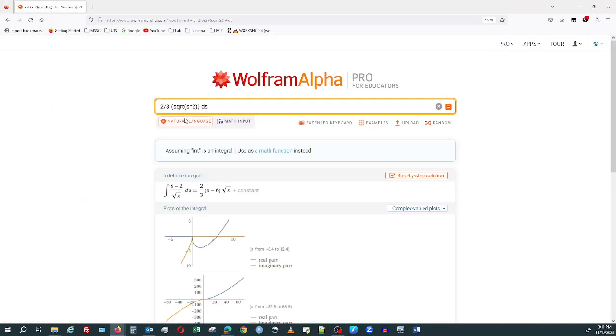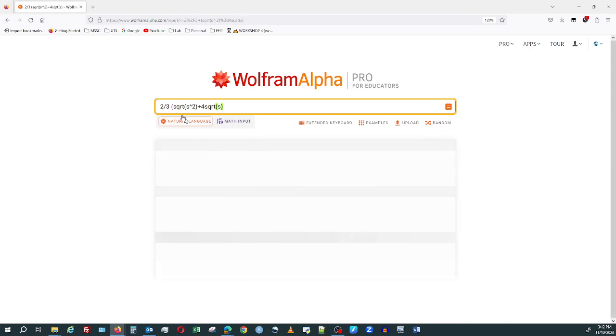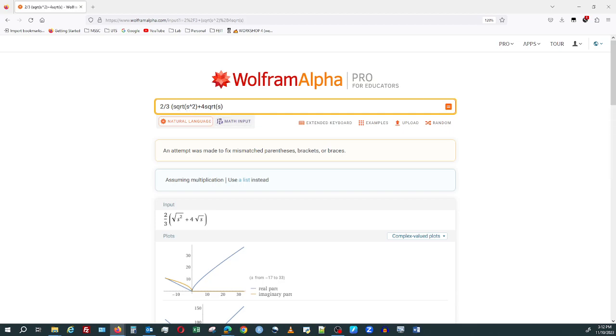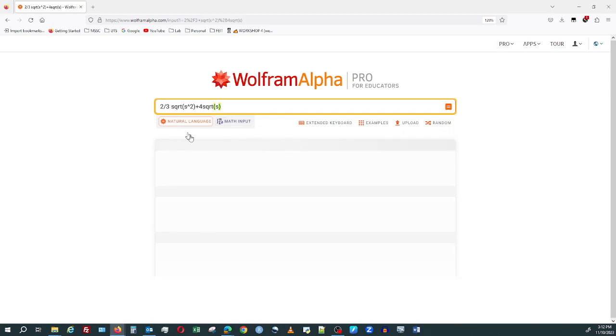Plus 4 root s. Not doing anything there, just having a bit of a play with our algebra. Mix match, what have I done there? Don't need that one. Let's have a look.